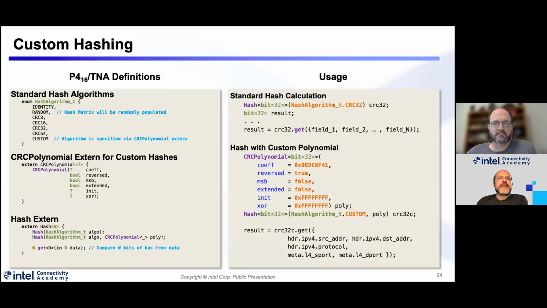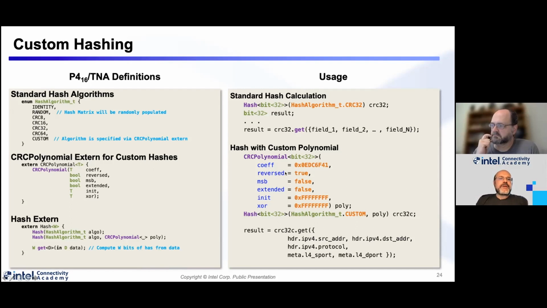The first one is hash. That's not new in TNA, come on. Well, it is true that hash is present in both V1 model and PSA, but in case of Tofino, hash can work with another extern called CRC polynomial, and that allows the user to specify an arbitrary polynomial to calculate the CRC.